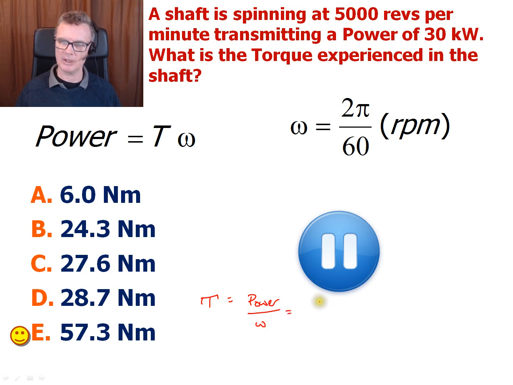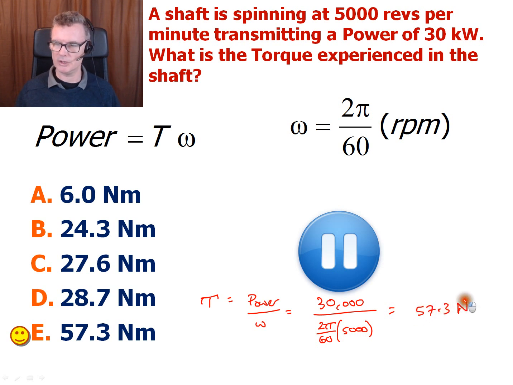The power is 30,000 watts, and the angular velocity will be 2 pi divided by 60 times the RPM of 5,000. Stick that into your calculator, and we should get 57.3 Newton meters.